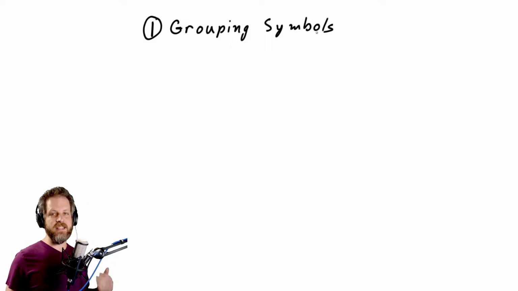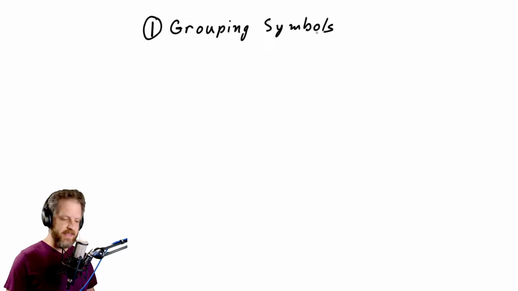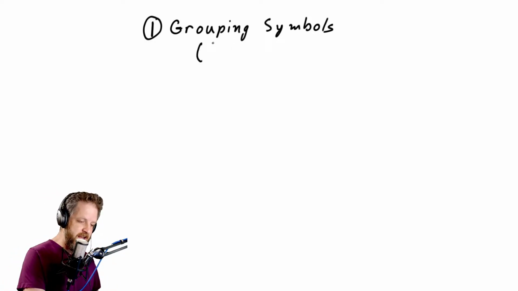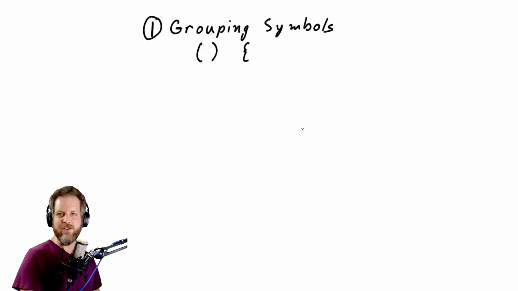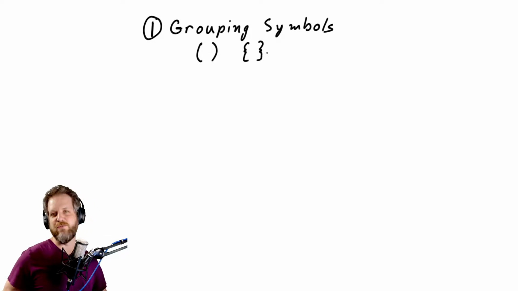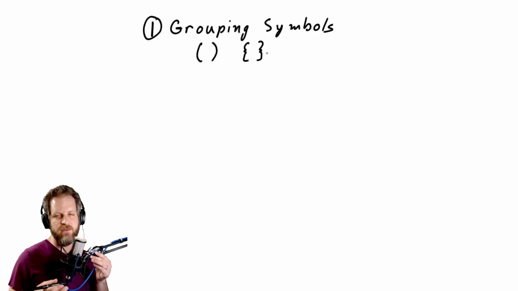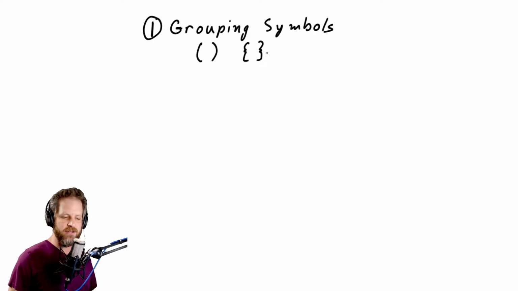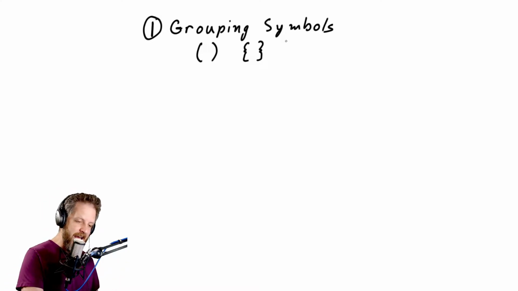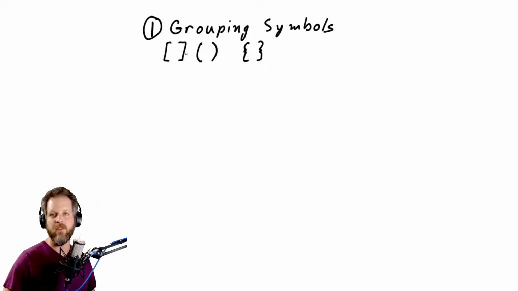When we're talking about grouping symbols, we're talking about things like parentheses, and things like curly braces would be grouping symbols. Usually we use those in a more specialized context, so we're not going to see those much in this class, at least not for a long time, if at all. But the two most common that we're going to see are parentheses and then, of course, square brackets. So those are things that are grouping symbols.